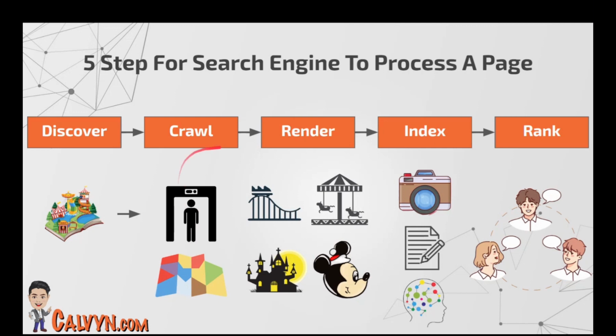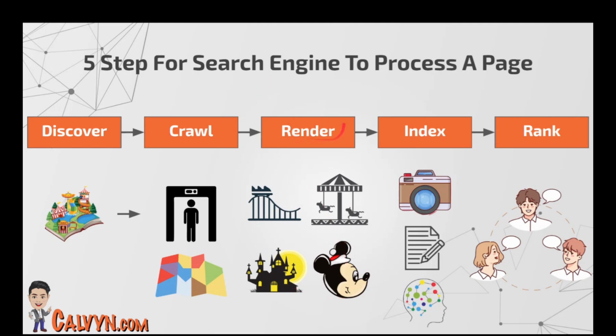After that, you will go to render. The search engine will go to render. Render means that you go to play each of the activities in the Disneyland, right? You go to the merry-go-round, the roller coaster, the haunted house, you take photos with Mickey. Each of the activities you go to explore.